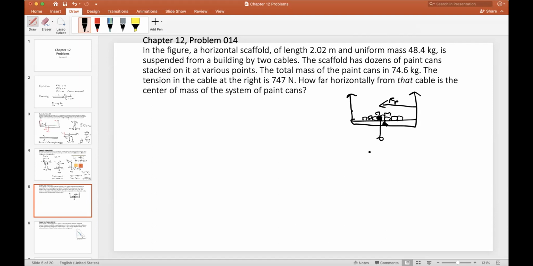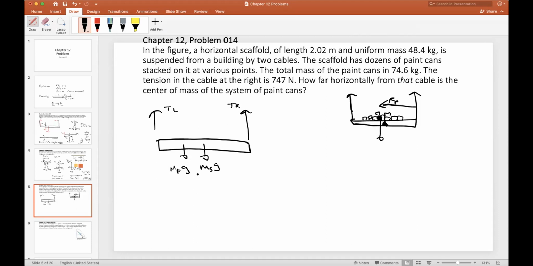So this problem is pretty easy. We can once again do what we did in the first problem and note that we have a tension on the left, we have a tension on the right, we have a mass of the scaffold times G, and we have a force that's the mass of the paint cans times G. But this time, we're told the tension on the right is 747 newtons.